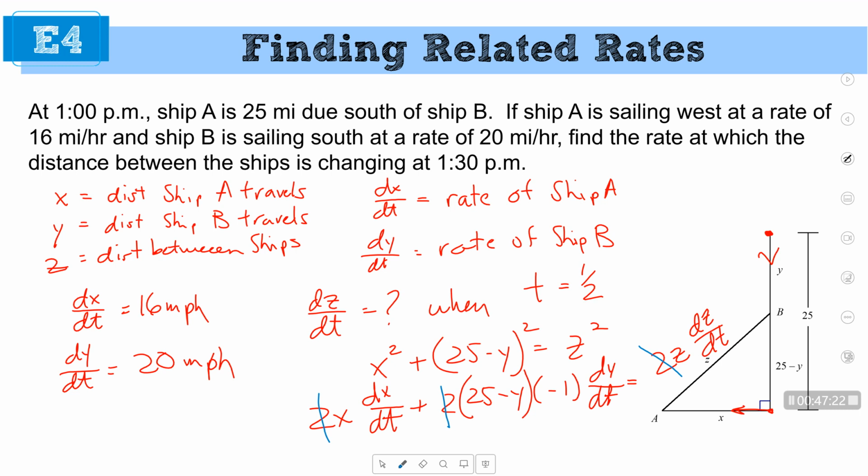Of those 6 unknowns, how many do we know? 2. We only know 2 of 6. So what does that mean? We quit and give up. We can't do it. No, I was kidding.